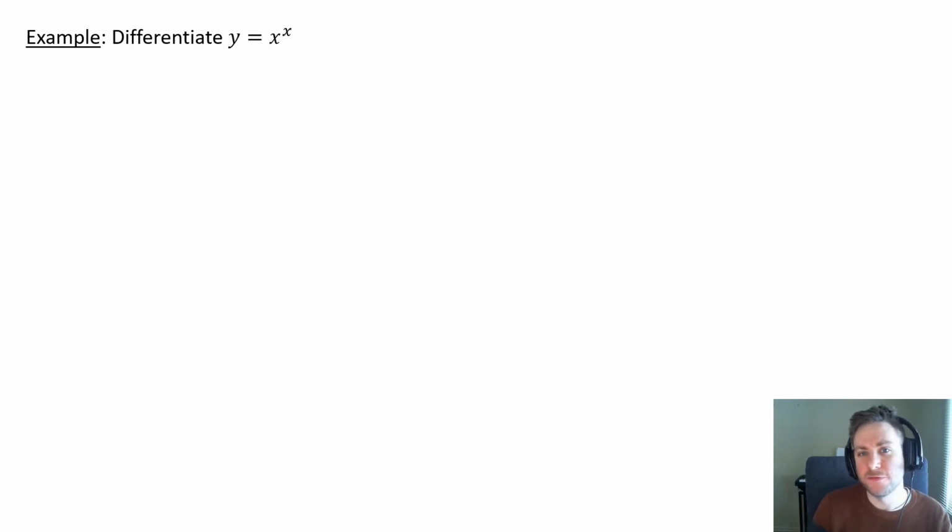For functions of this form, I've encouraged you in the past to ask yourself whether you're looking at a power function or an exponential function, since we use different formulas for differentiating each of those different types. But in this case, it's actually neither of those, since the function we've been given contains variables in both the base and the exponent.